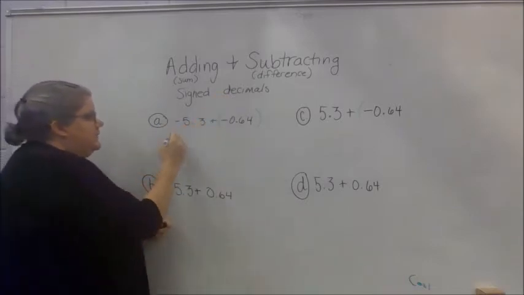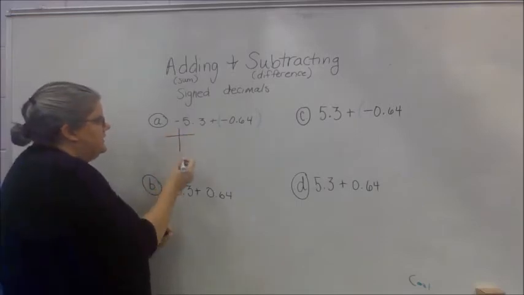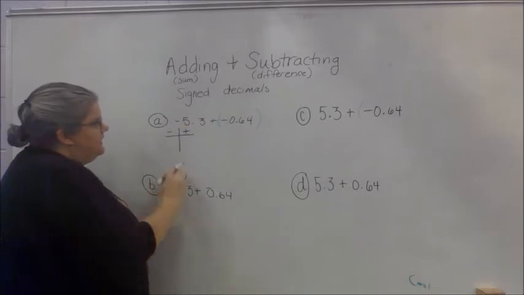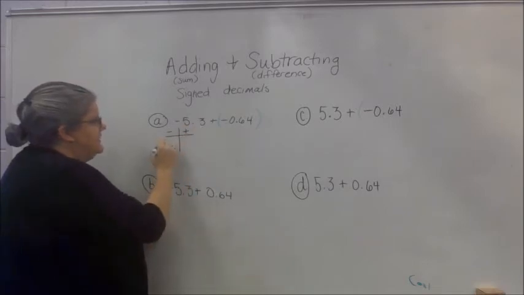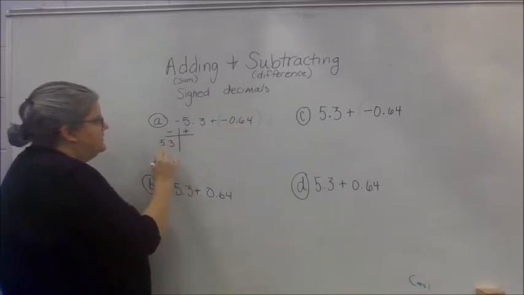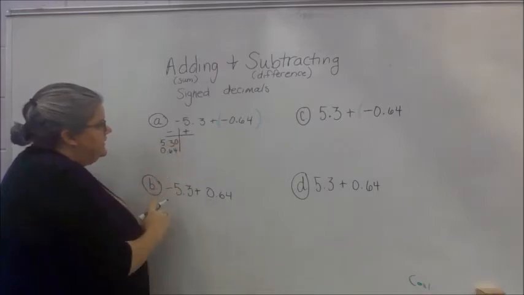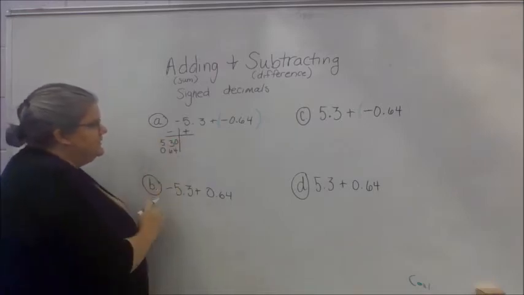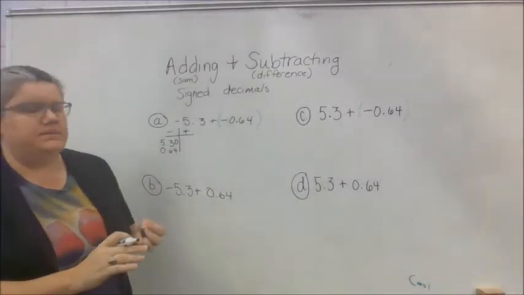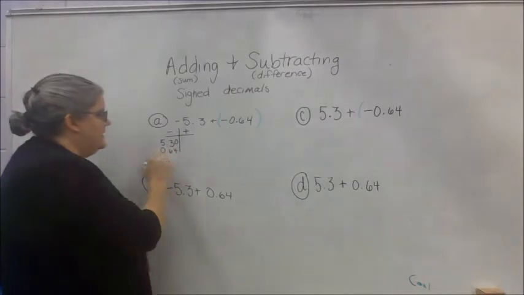So I'm going to start with my t-chart here, and negative 5 3/10 goes on this negative side, and negative 64/100 also goes on this negative side. I've lined up the decimals here because when we're adding and subtracting decimals, we need to make sure we line up the place values.